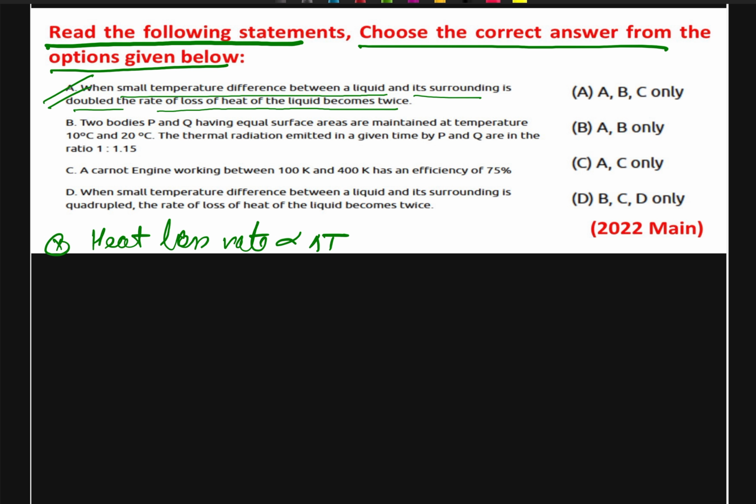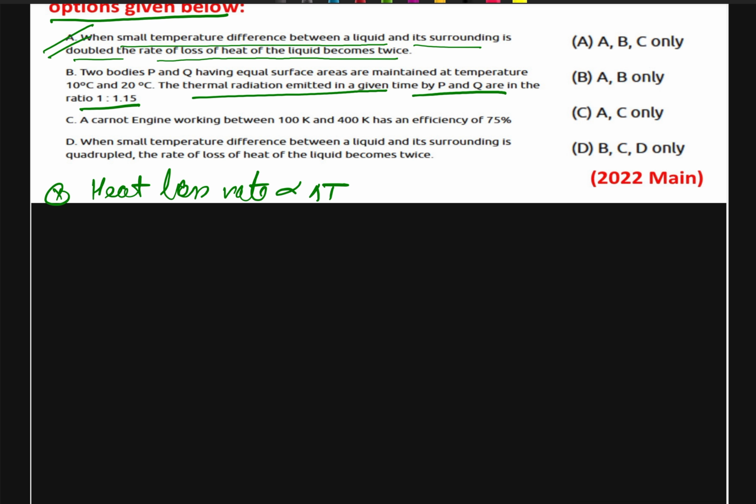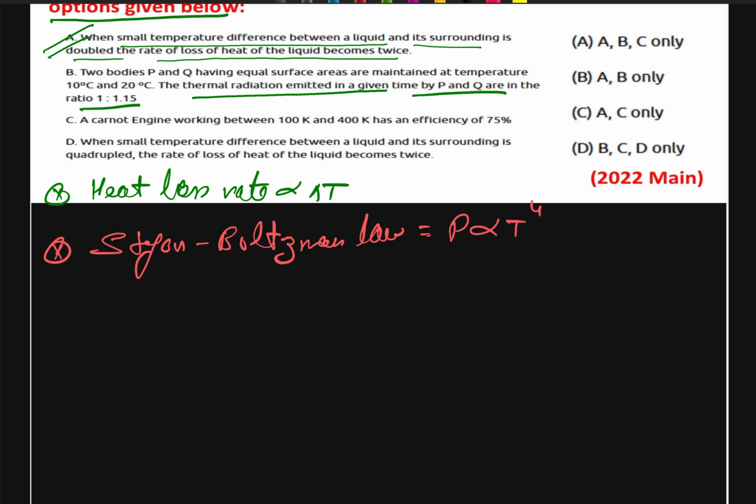The second states that bodies P and Q have equal surface area, maintained at temperatures of 10 and 20 degrees centigrade. The thermal radiation emitted in a given time by P and Q are in the ratio of 1:1.15. So we can use the Stefan-Boltzmann law, and it is given that the surface area is the same, therefore P will be proportional to the fourth power of temperature.